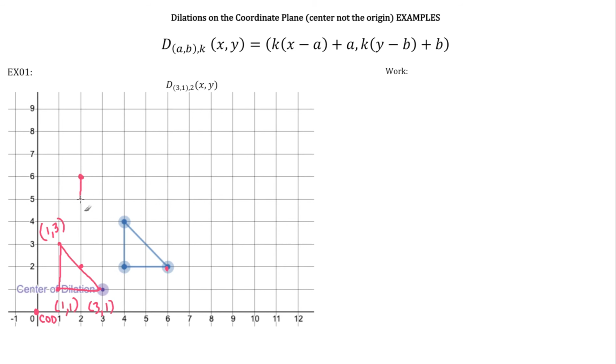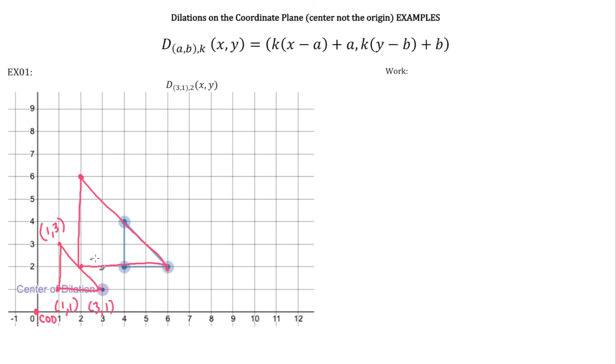So I would get this shape. And see, I shifted this shape and the center of dilation back to 0, 0. And then from there, I dilated it times 2.